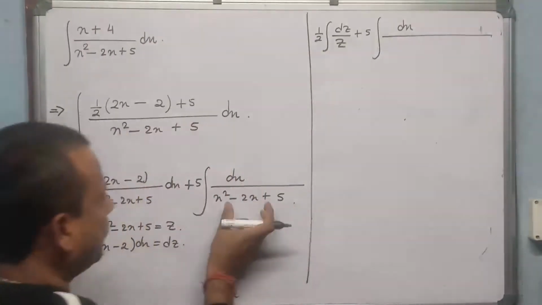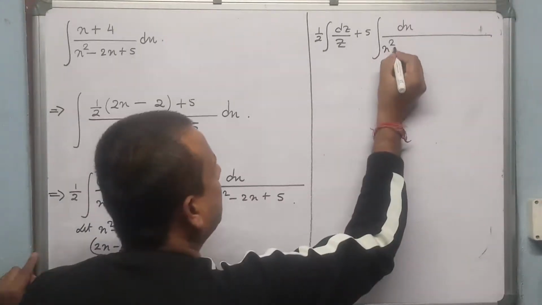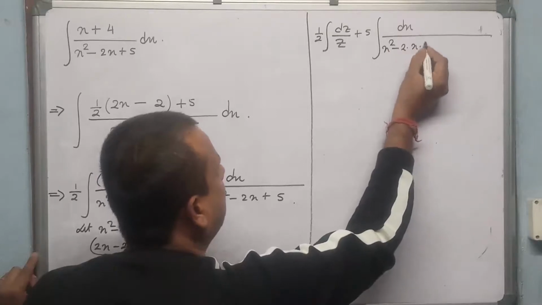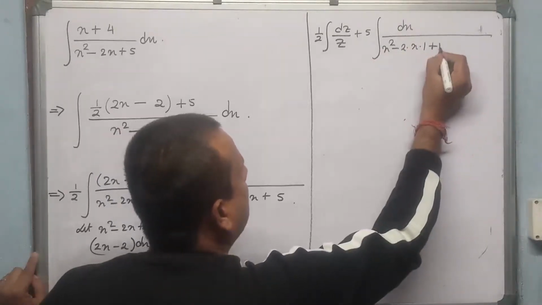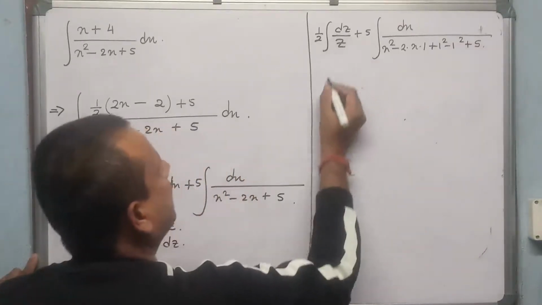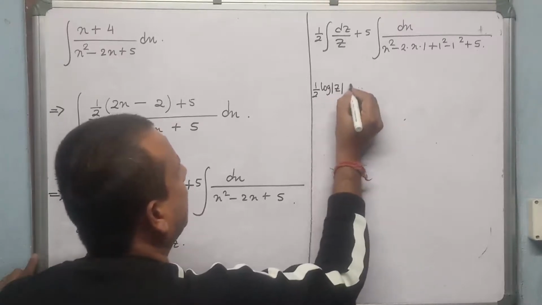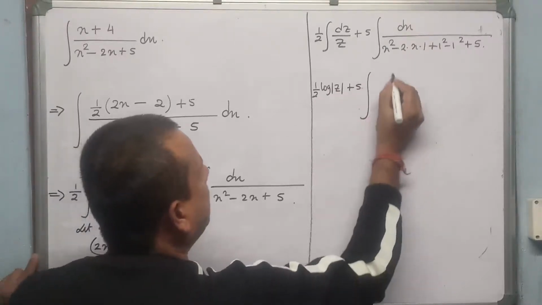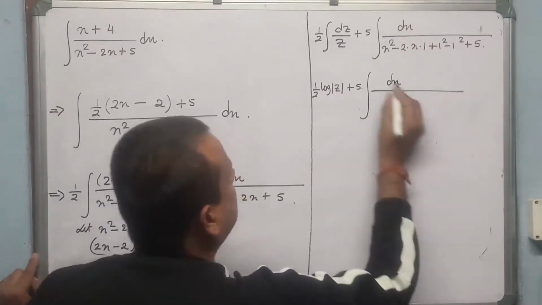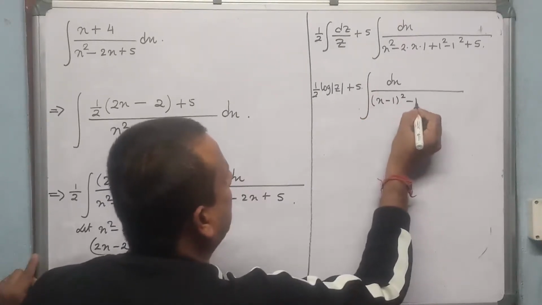this is quadratic only, convert this one in terms of perfect square: a square minus 2ab plus b square minus b square plus 5. dz upon z is half of log mod z, plus 5 integration dx over x minus 1 whole square minus 1 plus 5.